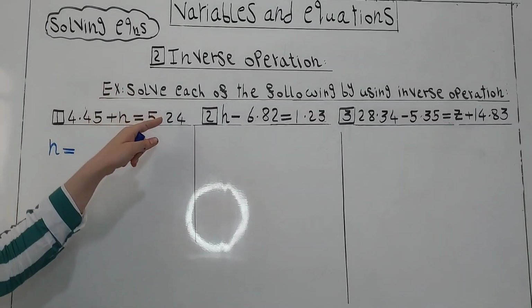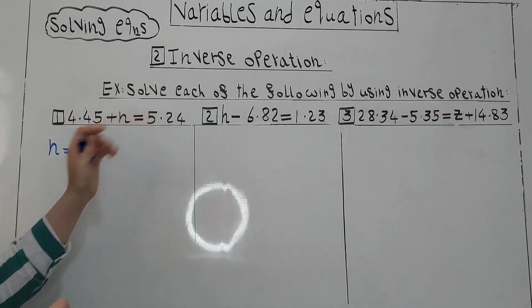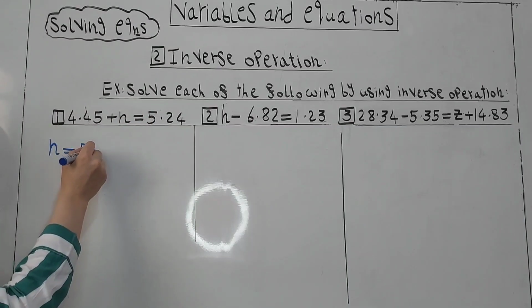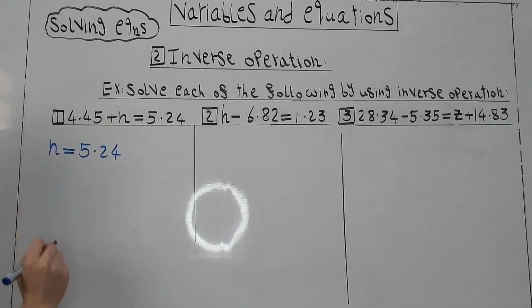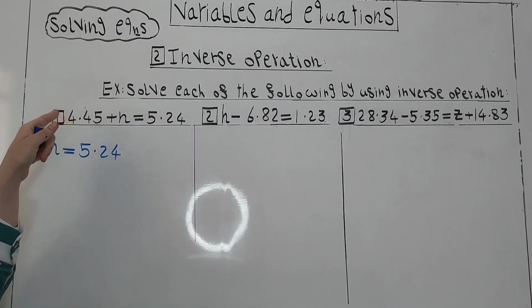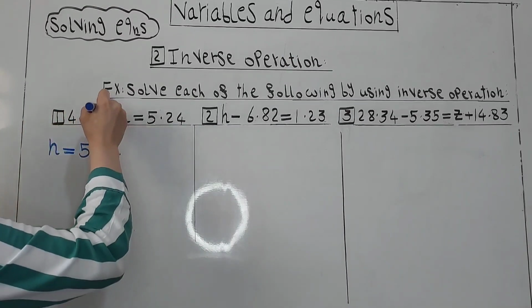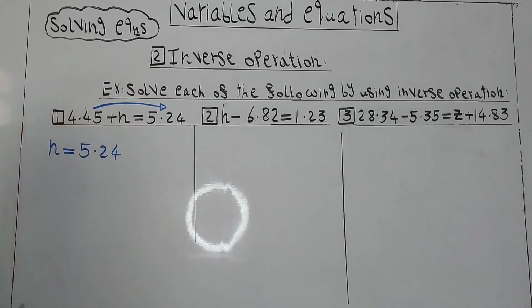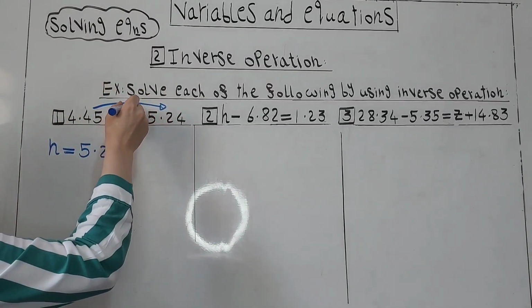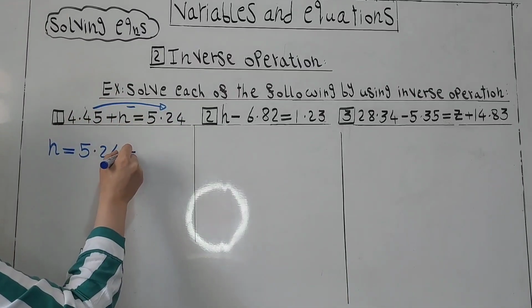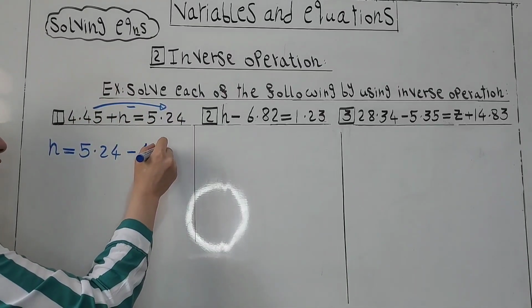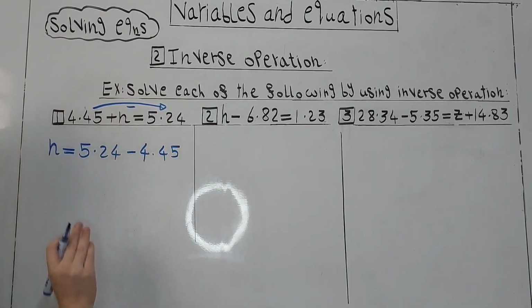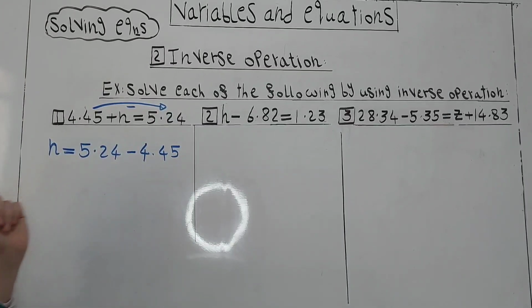And we write the number after the equal sign as it is, 5.24. And we need to transpose this number to the opposite side by the opposite sign. Here, it is positive. It will be negative. So we write minus 4.45. Now we need to get the difference.